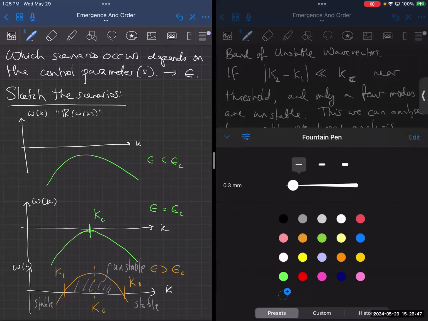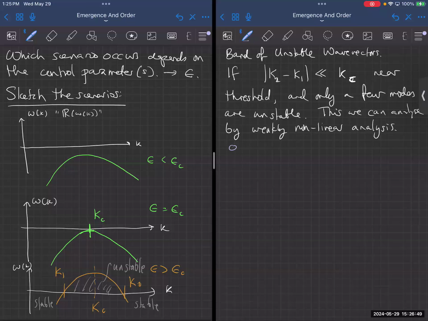Now we can ask ourselves the following question. If a pattern emerges, what is going to be the scale of any pattern that emerges? And so the answer is very simple.